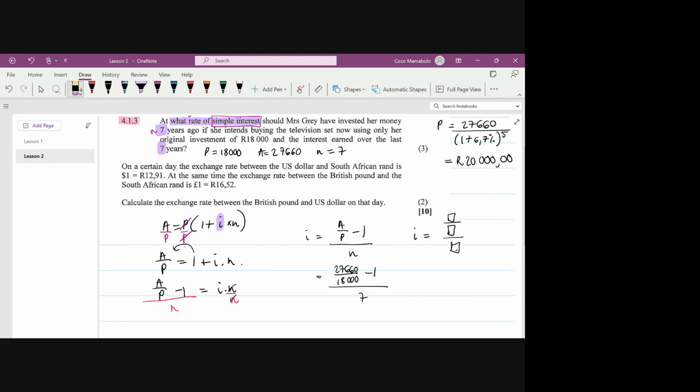And then once you've done that, do not go down and put in the 5. Leave this one blank. So you're going to go 27,660 over 18,000. Then click the button to the right so that your calculator starts blinking over here.